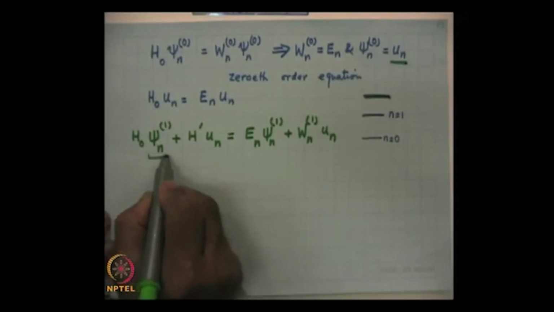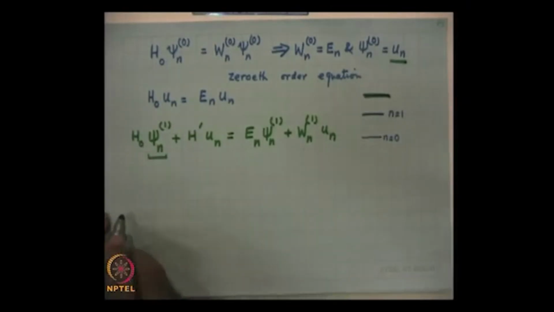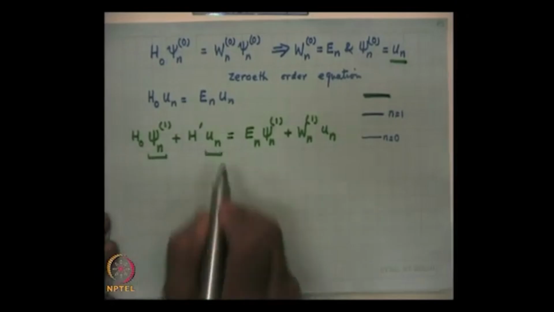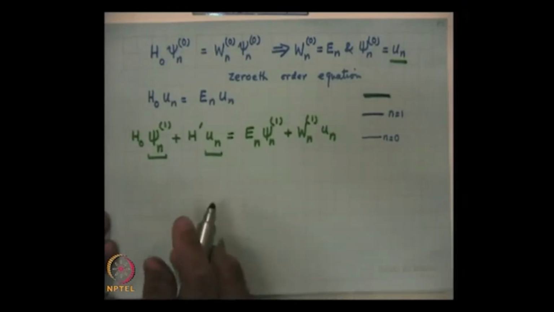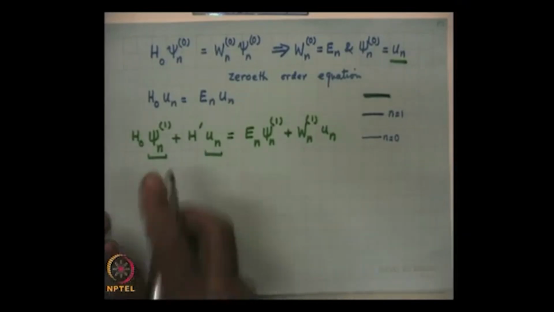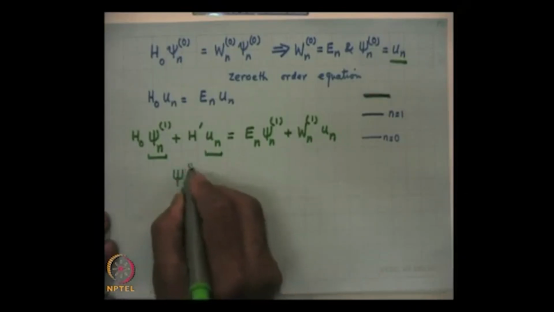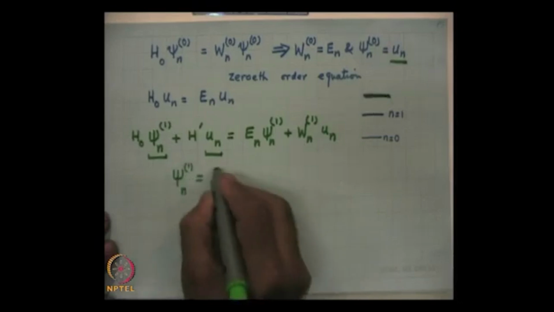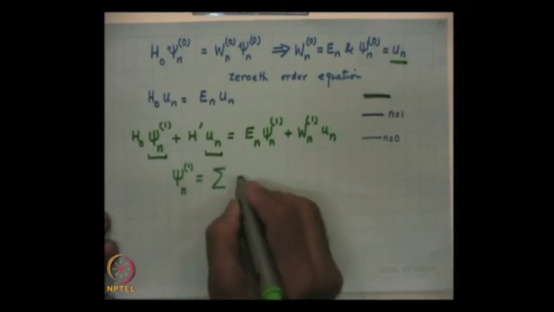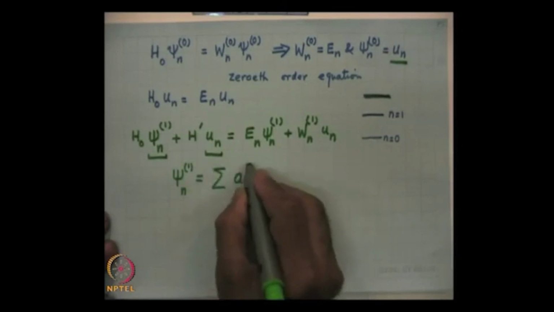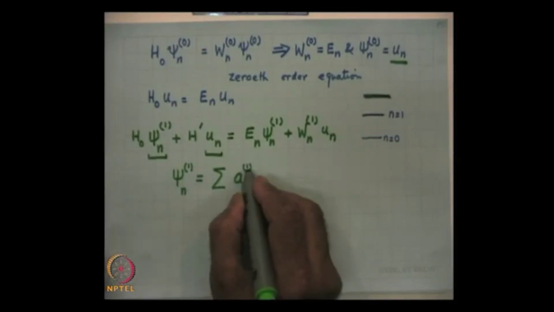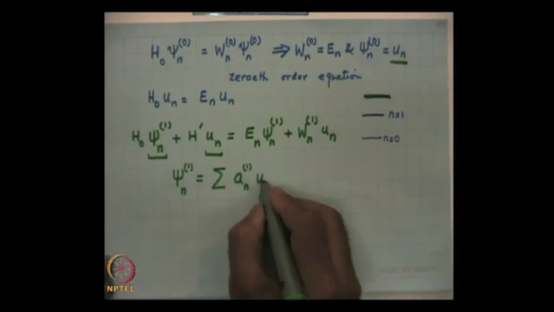Psi n 1 I do not know, but I know that u n form a complete set of functions. Therefore, let us expand psi n 1. We can always expand psi n 1 as a n, with the superscript 1 representing that we are considering first order perturbation, times u n.